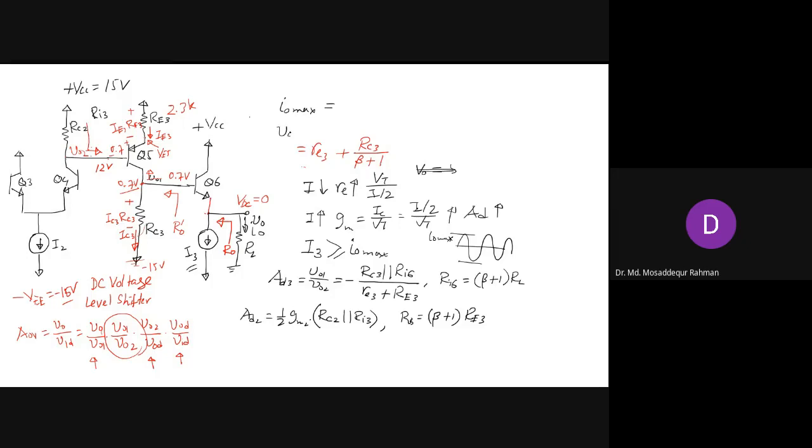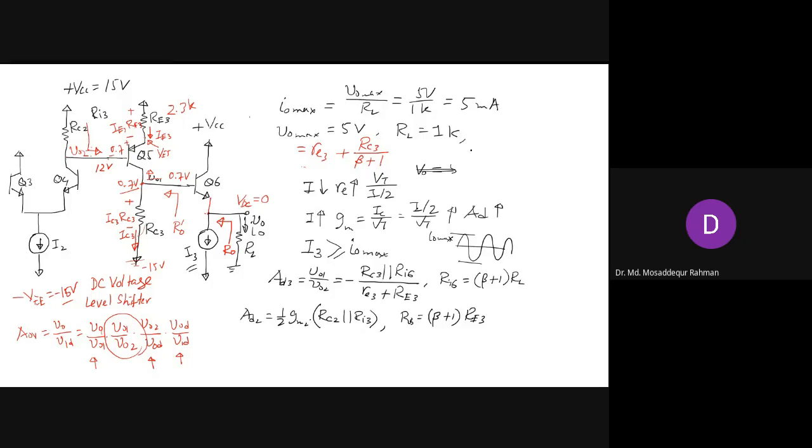It depends on V naught max, the maximum voltage. If your V naught max is, let's say, 5 volt, and your load RL is 1K, then I naught max will be V naught max divided by RL, which is 5 volt divided by 1K, so it will be 5 milliampere.